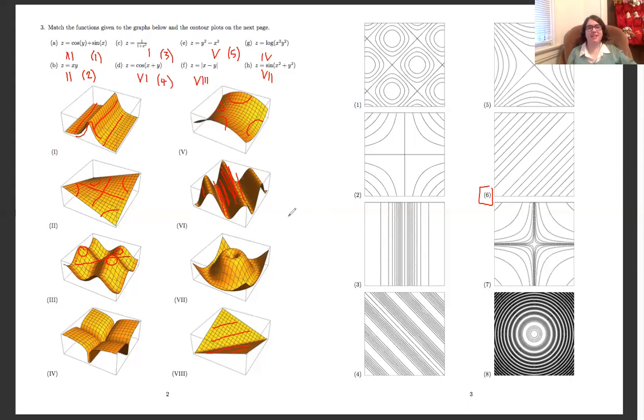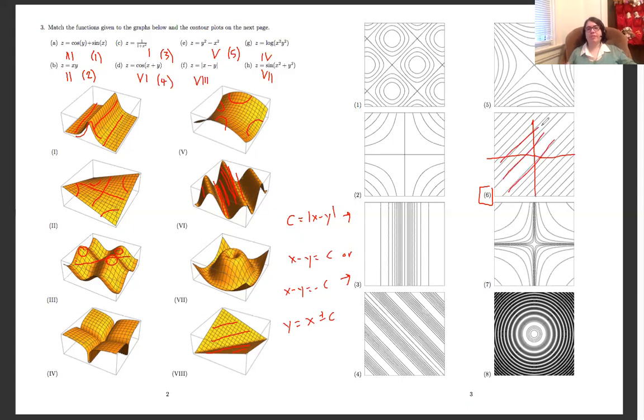If I set z equal to a constant equals absolute value of x minus y, then that means x minus y equals c, or x minus y equals minus c, but both of those are going to go to y equals x plus or minus a constant. So I get these sort of x equals y plus or minus a constant curves.